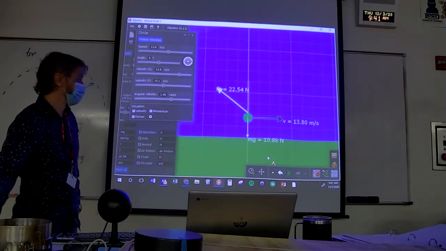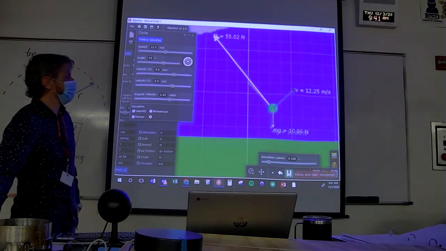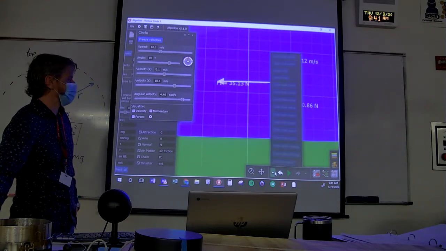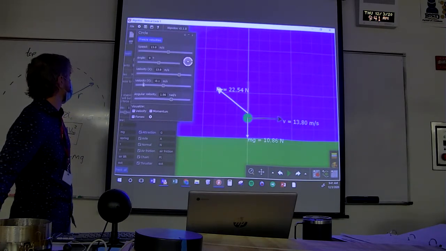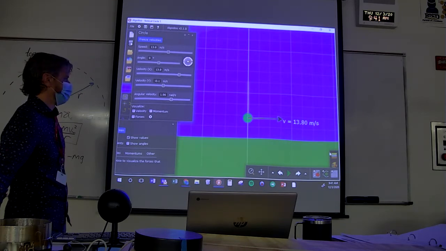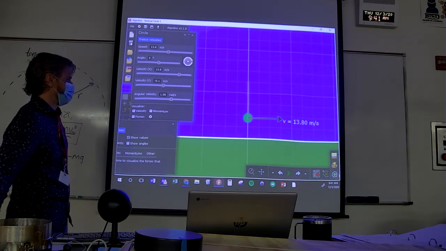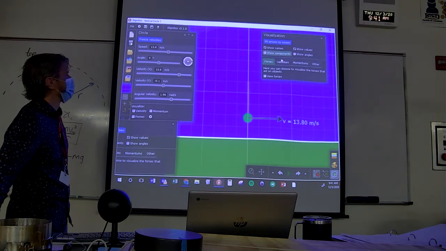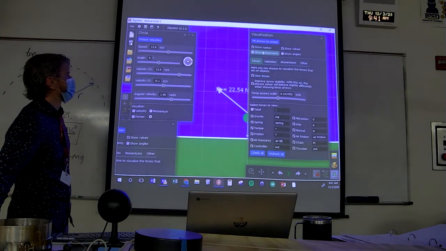And so as Kurt pointed out, if we look at the tension force, and let's just look at the tension force. Oh, what did I just do? Forces. Mouse over here.